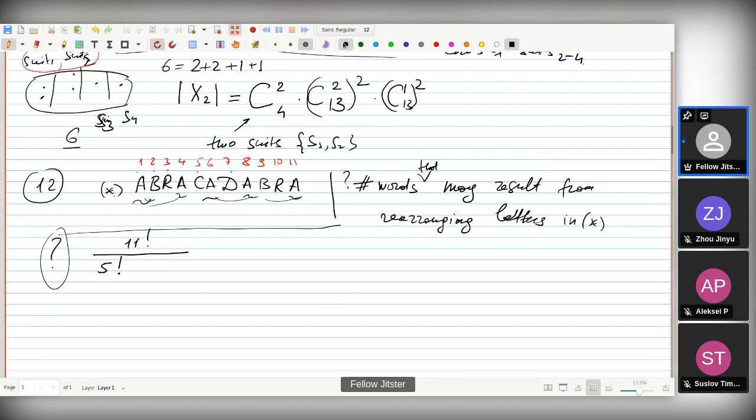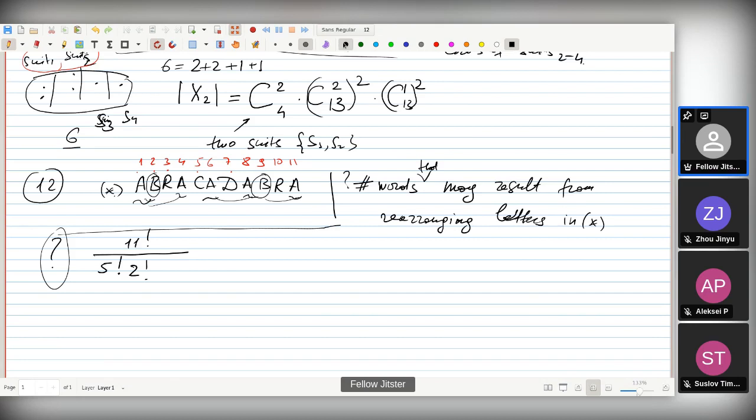But still, for every permutation, we have how many ways to safely rearrange letter B occurrences? Two ways. So we should divide it by 2.